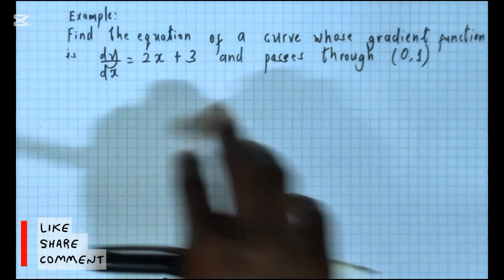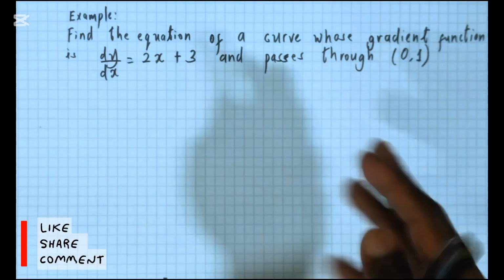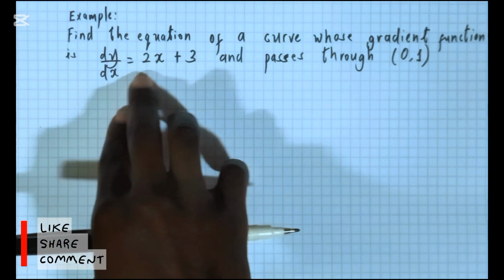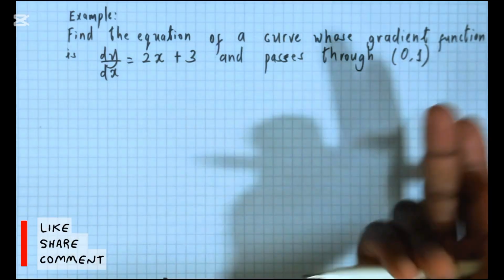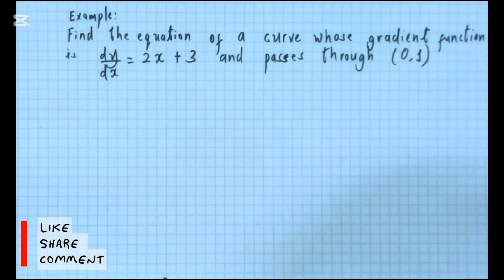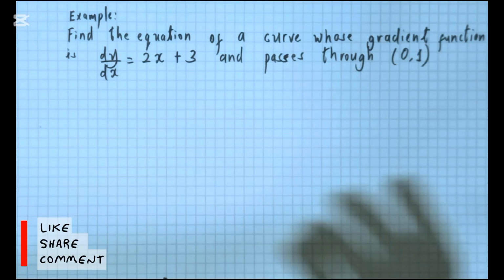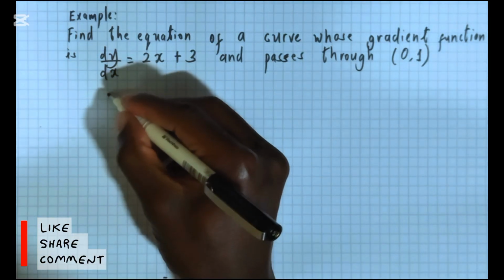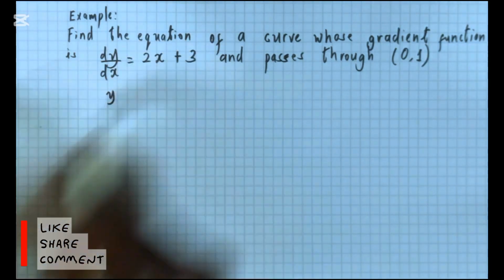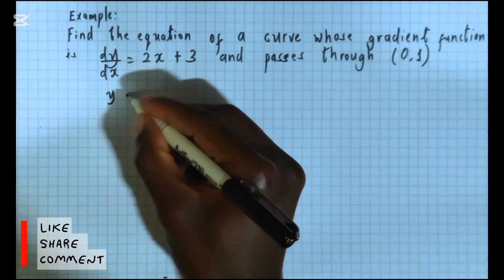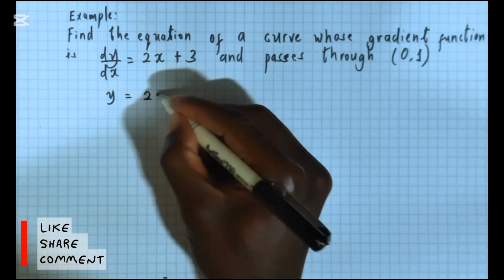Of course, we know that for us to find the equation of the curve given the gradient function, we have to integrate, which we said was the opposite of differentiation. So y, given that this is our dy/dx, will be equal to 2x.